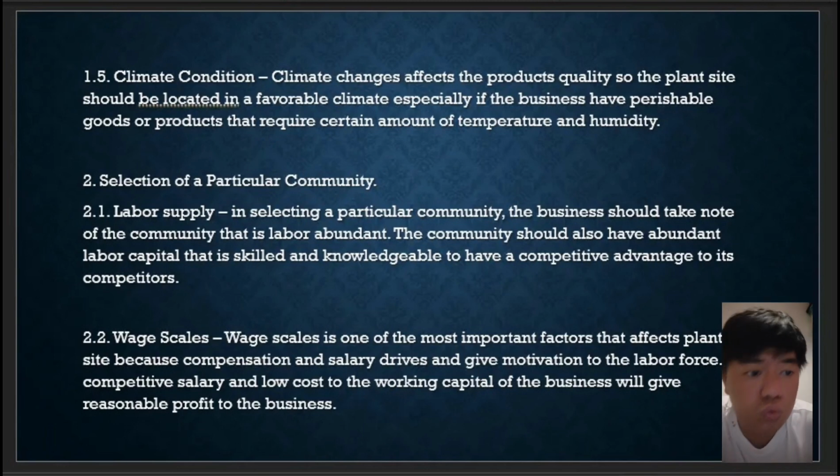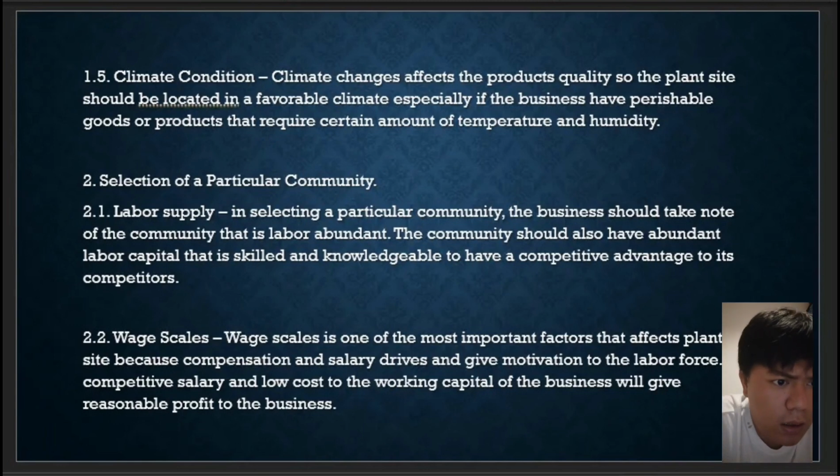And number 2, selection of a particular community. 2.1, labor supply in selecting a particular community. The business should take note of the community that is labor abundant.